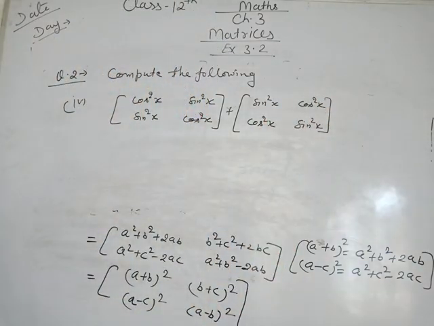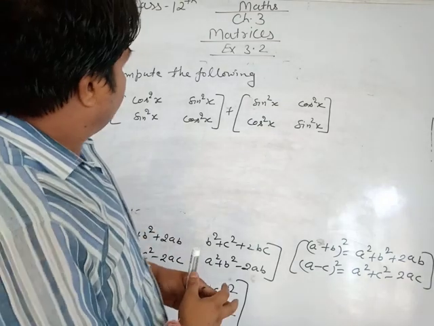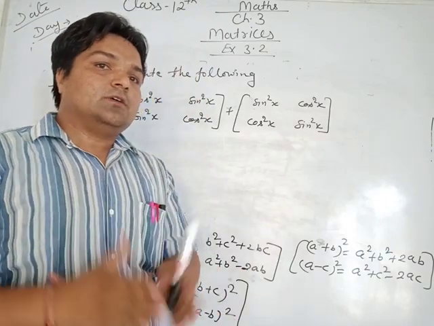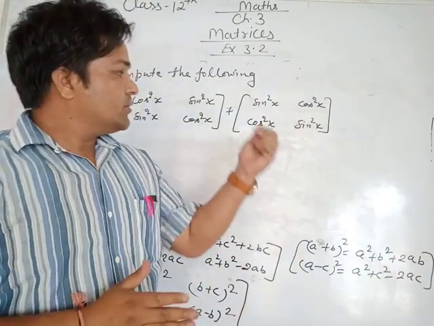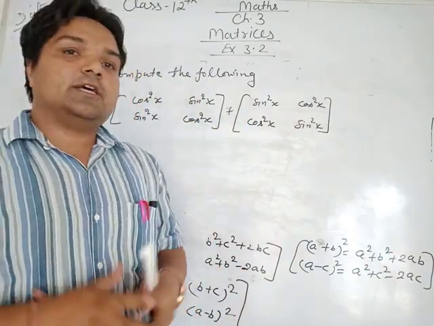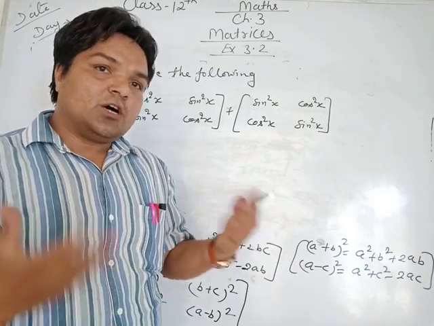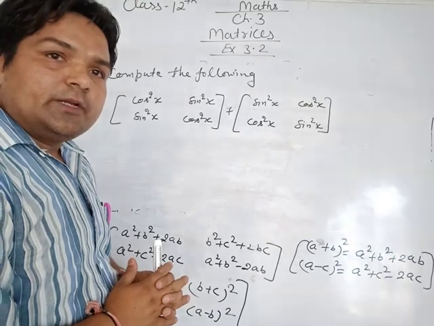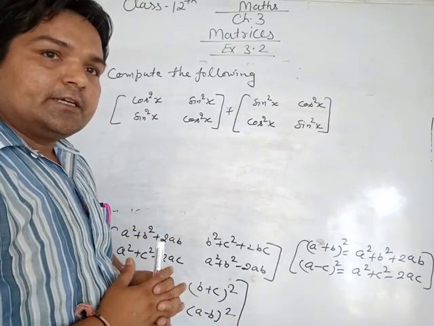So it is a question. Now how can we solve this type of question? Similarly use matrix addition, because the sign here is addition. So how can we solve? Similarly, corresponding elements we will take and add them.